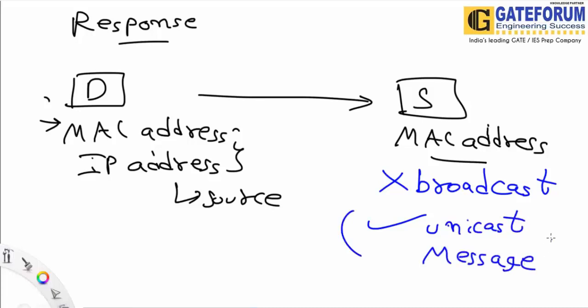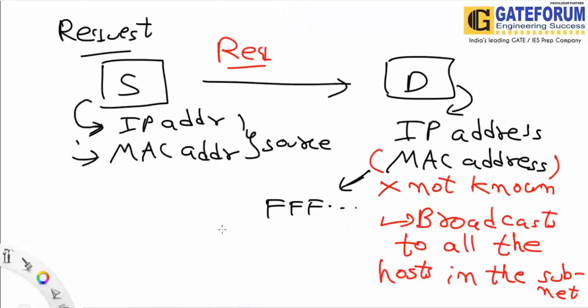So always remember one simple funda. If you already know the specific MAC address of the source, and the IP address also, which I haven't mentioned here as it is not required, then you will never do a broadcast, you will do a unicast. So whenever you have a response or reply, it would be unicast, but whenever you send a request, it would be a broadcast.